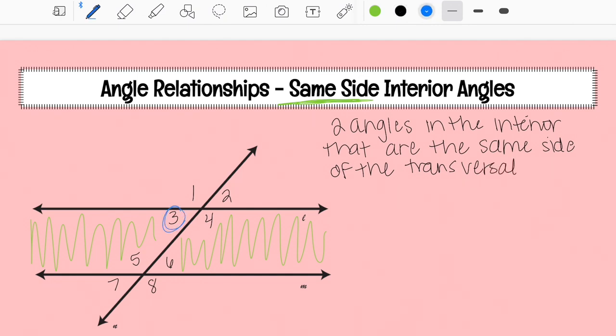So we have angle 3, and the angle that's along the same side of our transversal would be 5. They're both on that left-hand side of the transversal. So we have angle 3 and angle 5, and then we have angle 4 and angle 6. Now, unlike all the other angle relationships that we've seen, same side interior angles are supplementary.